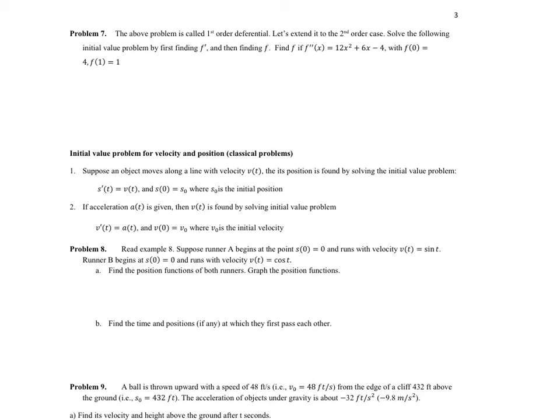The first step, from f double prime, we can find f prime, which is the antiderivative of f double prime. So we are going to integrate the f double prime, which is 12x squared plus 6x minus 4.